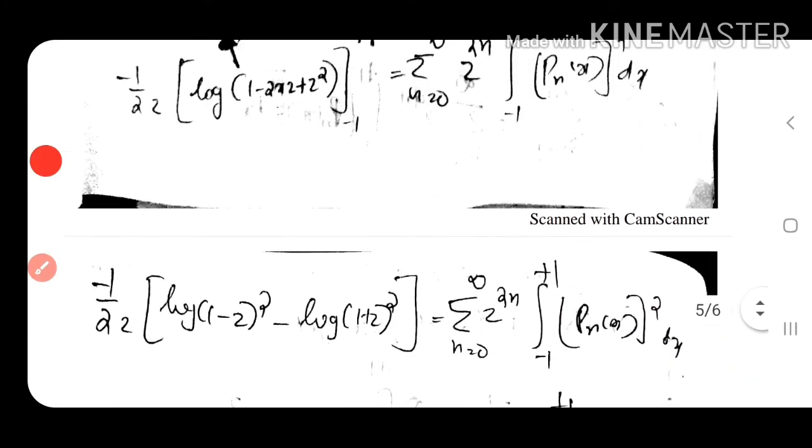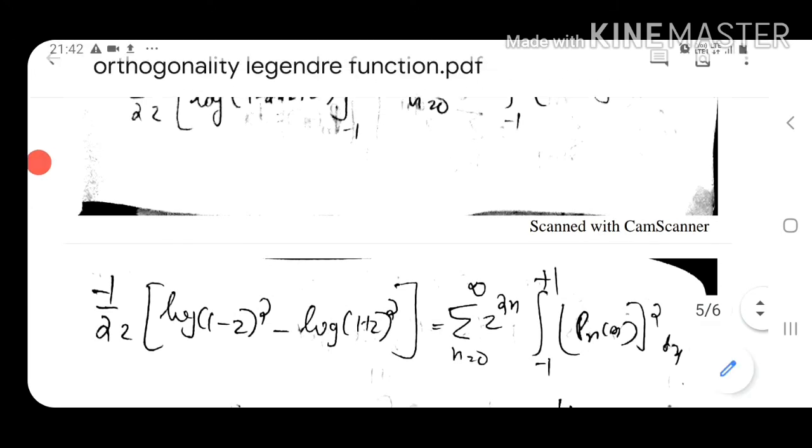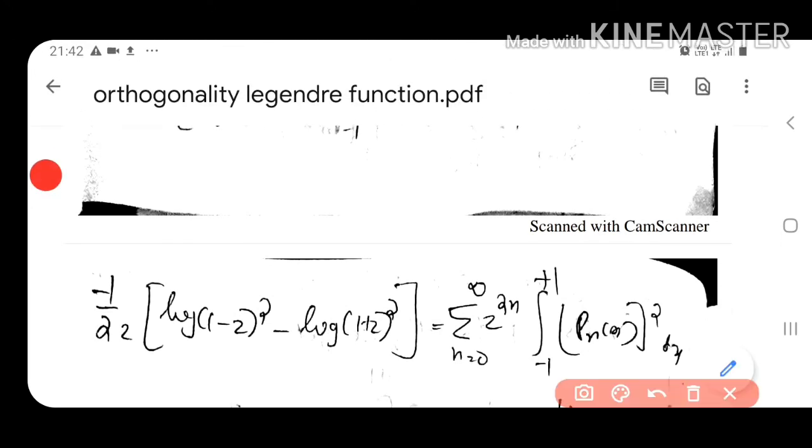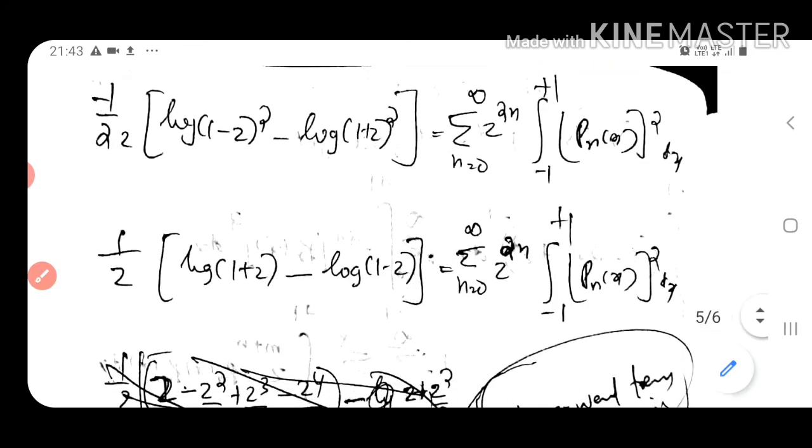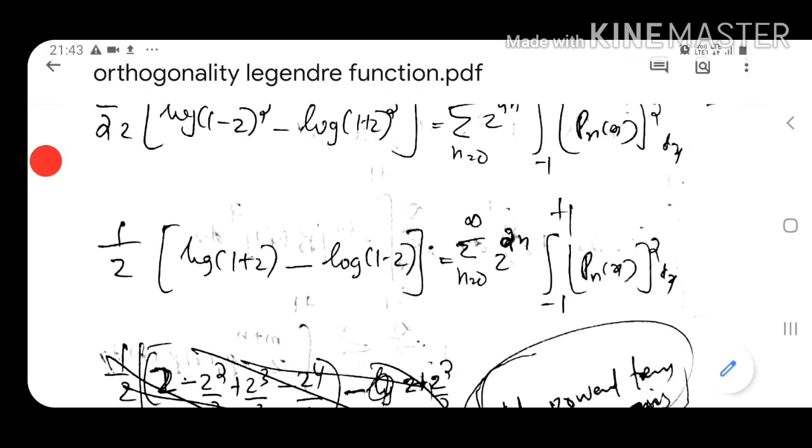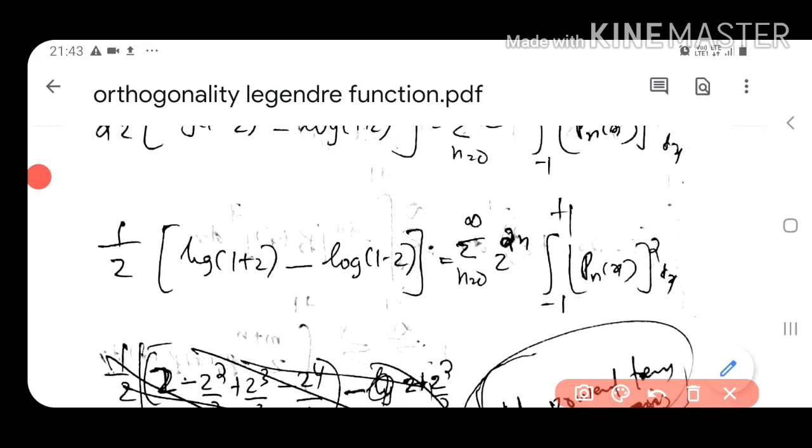As you put plus 1, you will have log(1 plus z) square here, and as you put minus 1, you have log(1 minus z) square here.